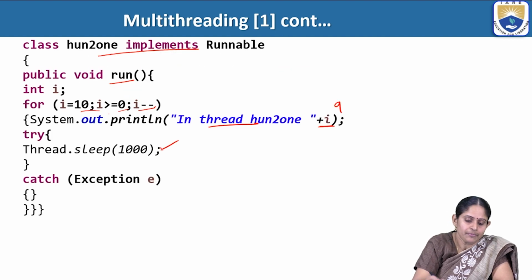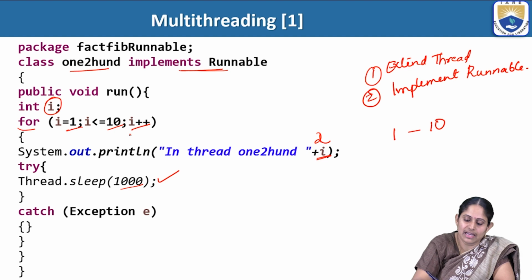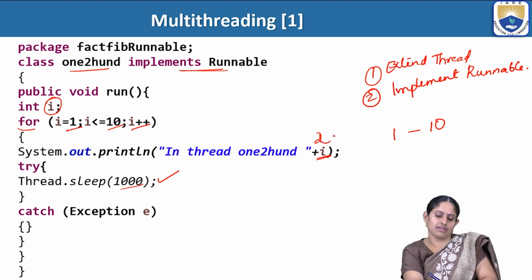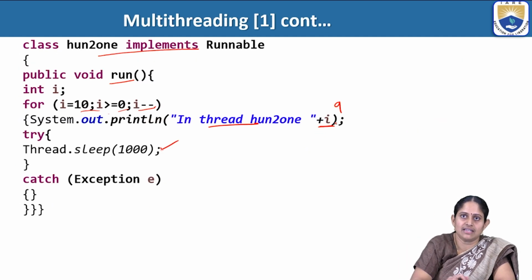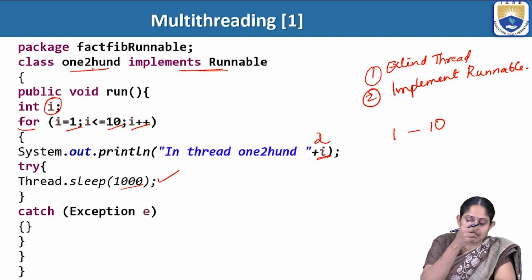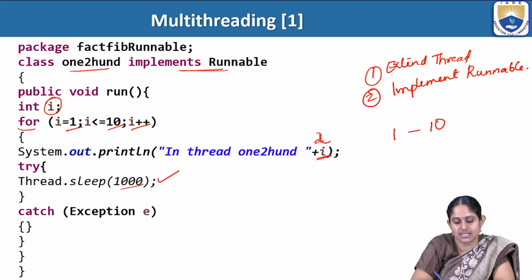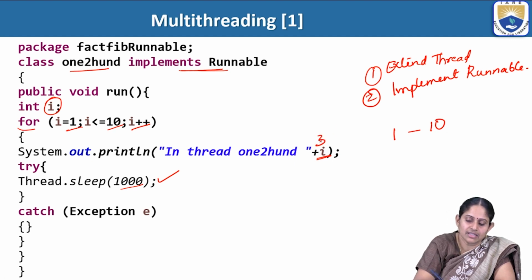Now similarly, the second thread will go to sleep. When this goes to sleep, the first thread will start executing. When the first thread starts, the i value will be 3 now, and in thread 1 to 100, i is 3.